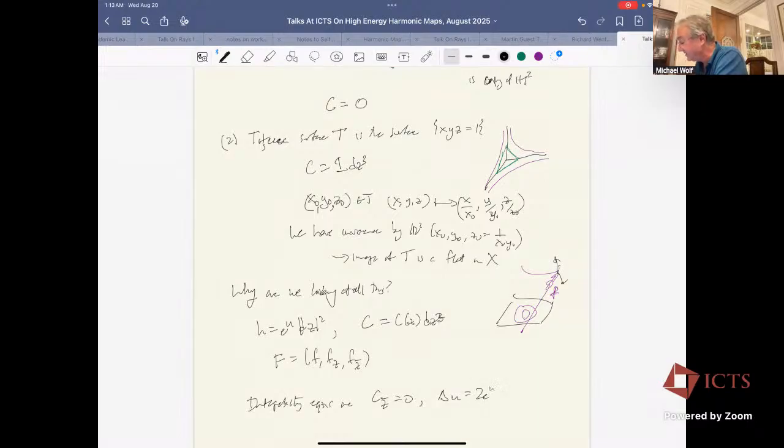In terms of this conformal structure, the Gaussian u_zzbar is 2e to the u minus 4e to the minus 2u |c|squared, and then some sort of curvature term like we had.